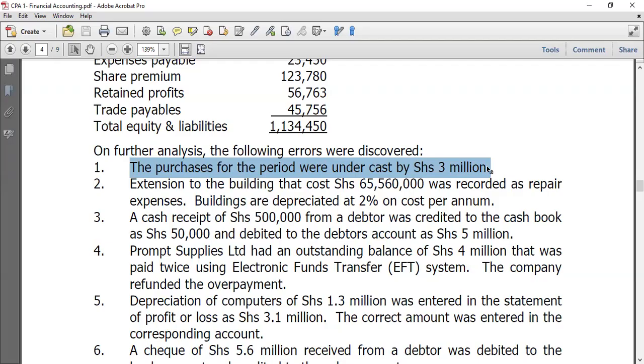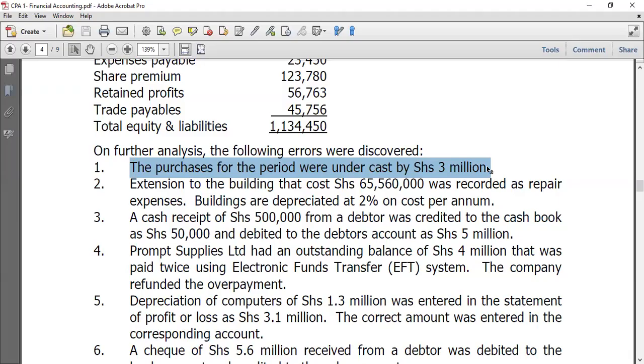But also understand, does this error affect the trial balance or does it not? You get it? And also, is this error corrected? Because if it affects the trial balance, then it is corrected by a suspense account.